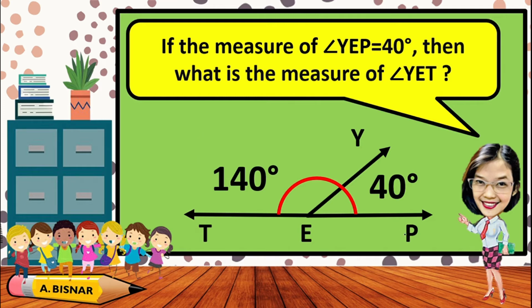Angle TEP is a straight angle, which means that the measure of it is 180 degrees, and you will subtract the measure of angle YEP, which is 40 degrees. So 180 degrees minus 40 degrees, the answer is 140 degrees.